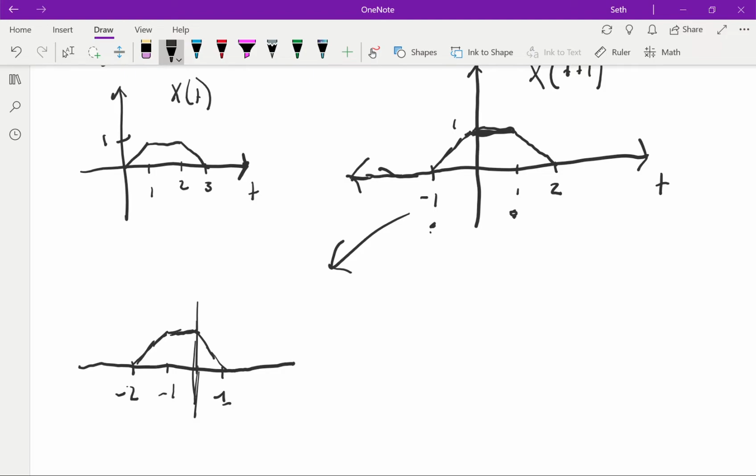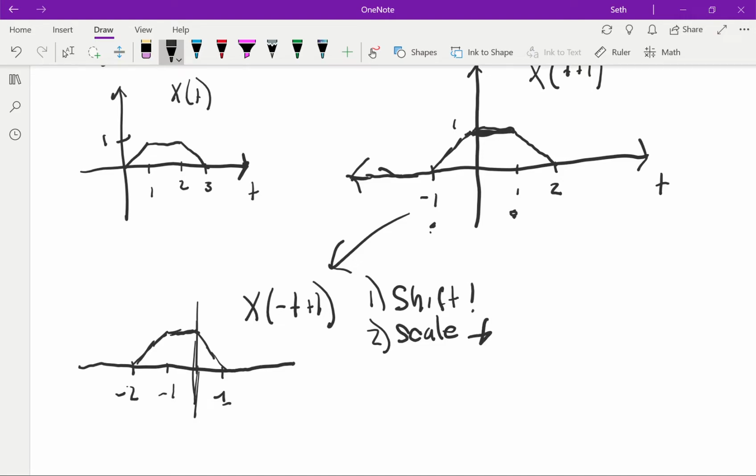Okay, that's x of minus t plus 1. So the order of precedence, they call it, is going to be shift, and then scale. In this case, it was by -1, and we call that reflect.